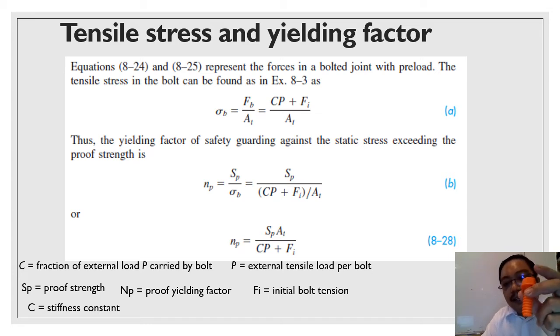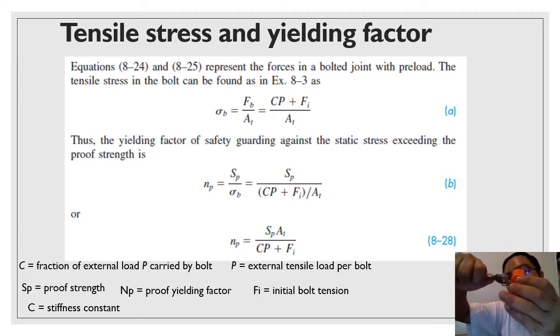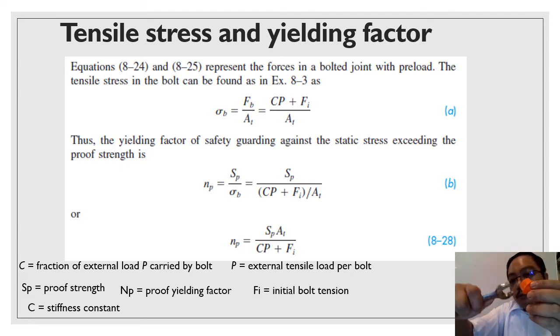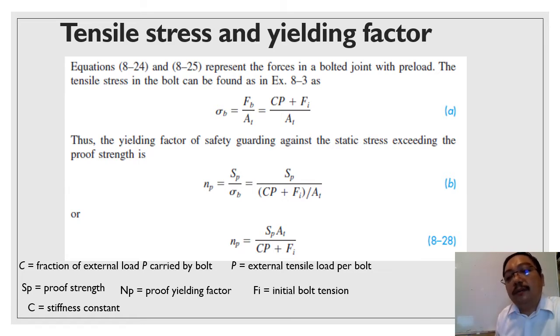This is like this, okay. The force F_b is the force given by the clamping force that you want to preload. The P itself is the external load given by any factor.